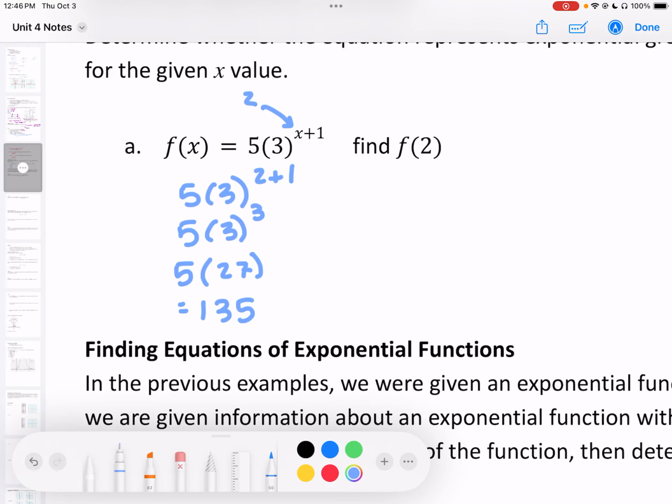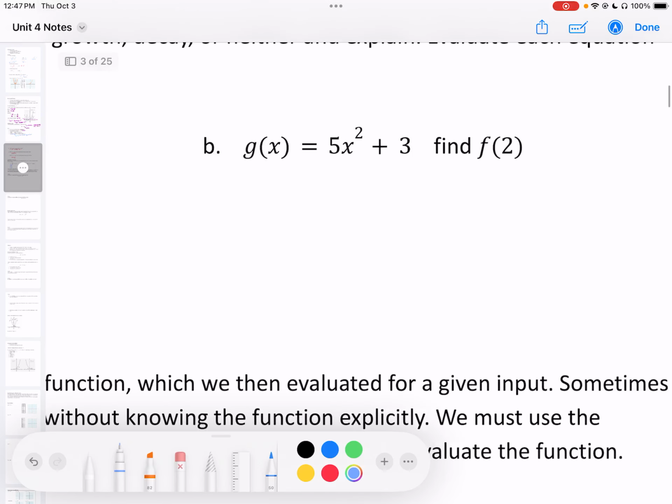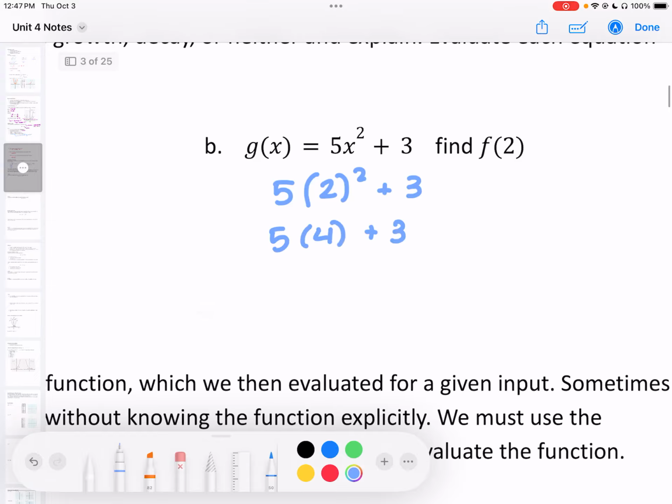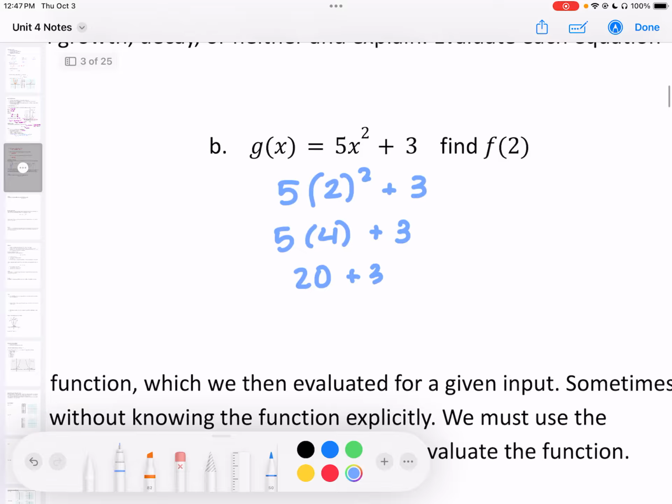It's not going to be 5 times 3, it's going to be 3 cubed, and that will be multiplied by 5. Let's go ahead and find f of 2. So 5 times 2 squared plus 3, 5 times 4 plus 3, 20 plus 3, or 23.